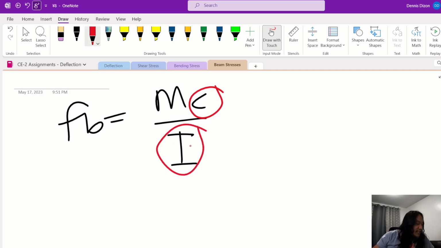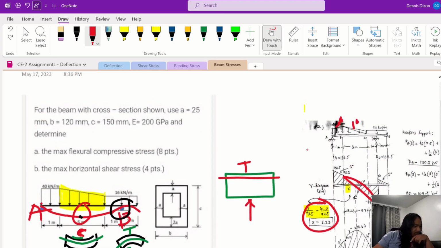Now, since it is irregular shape, like hollow rectangle, let's check what's the dimension.